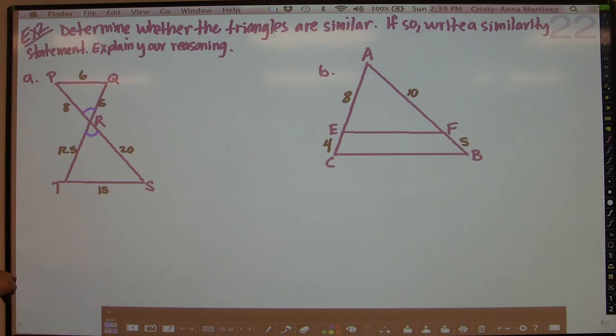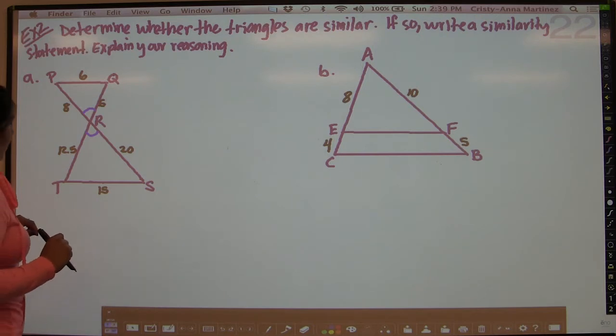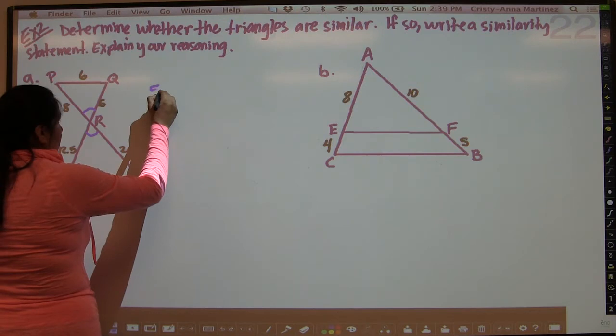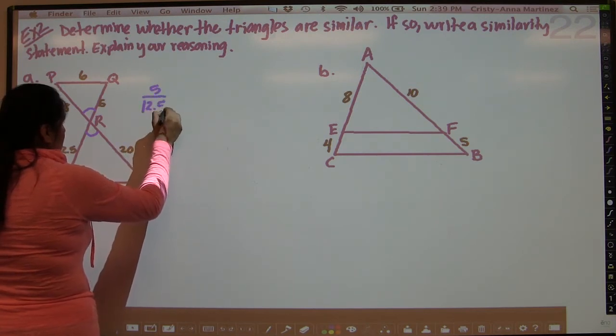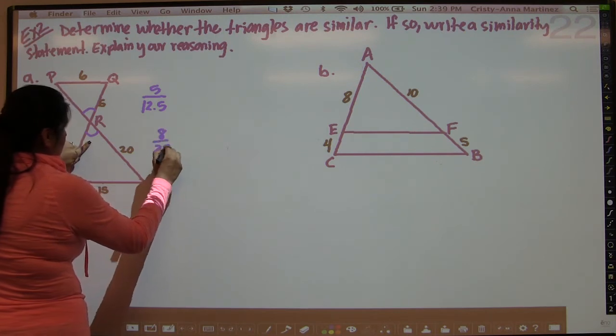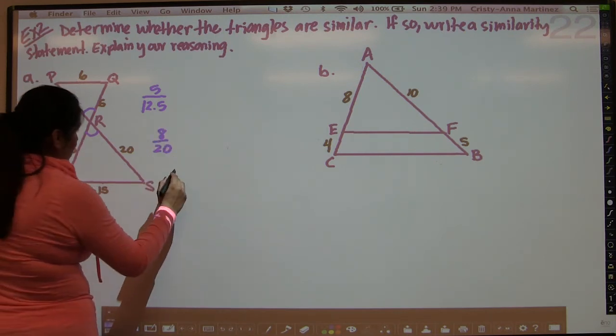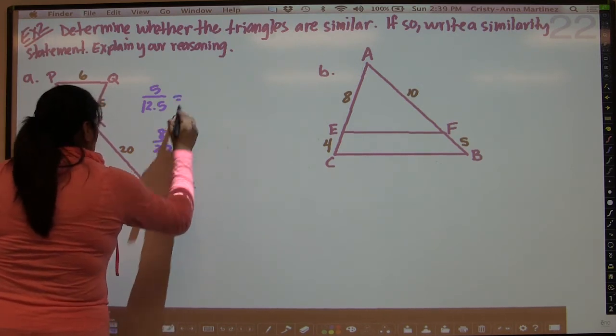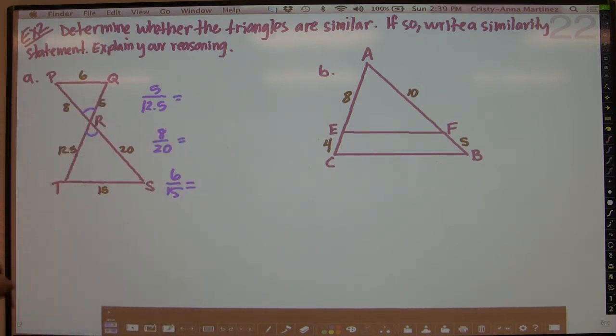If you are going to claim that these triangles are similar, then they have to have the same ratio of the sides. So we're going to go with 5 to 12.5, then 8 to 20, and then 6 to 15. If these ratios are all the same, then we don't have to worry about angle measures.